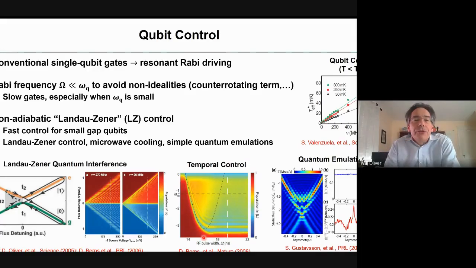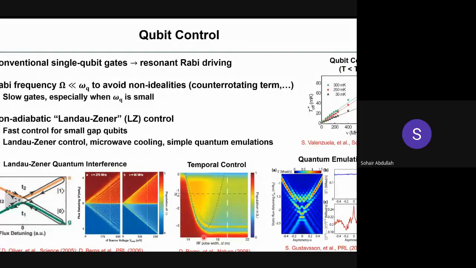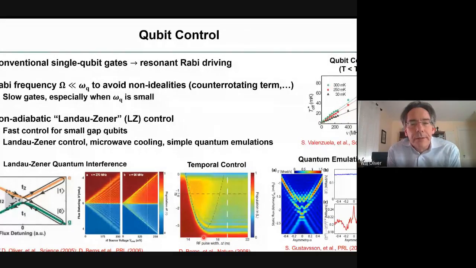So one solution to that is non-adiabatic Landau-Zener control, which enables you to do fast control for small gap qubits. And starting back in 2005, we did a number of demonstrations with a niobium qubit, which had a 10 megahertz gap. And that qubit had a T1 between 20 and 100 microseconds. So it was a very, very long T1 qubit, especially at that time.